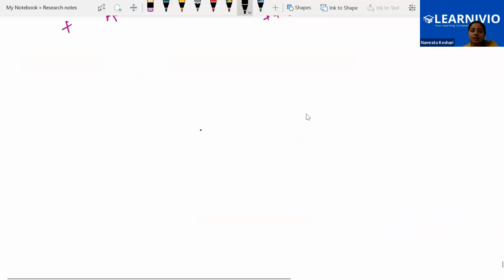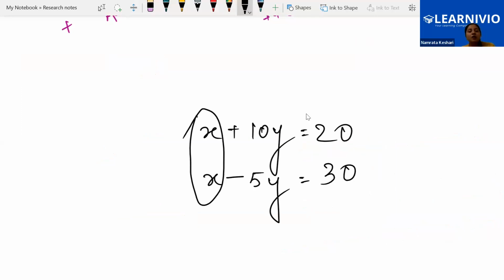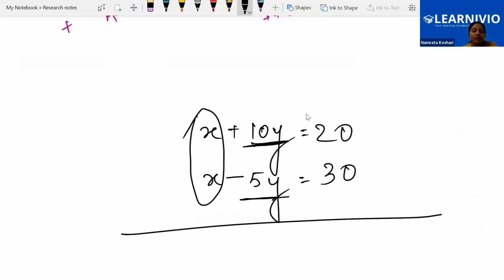If any of the coefficients is already same, we are not going to waste our time. If it is like this, x plus 10y is equal to 20, x minus 5y is equal to 30, where one coefficient is already same, we are not going to waste our time making the other coefficient same. Here we already have a ready-made proper equation.